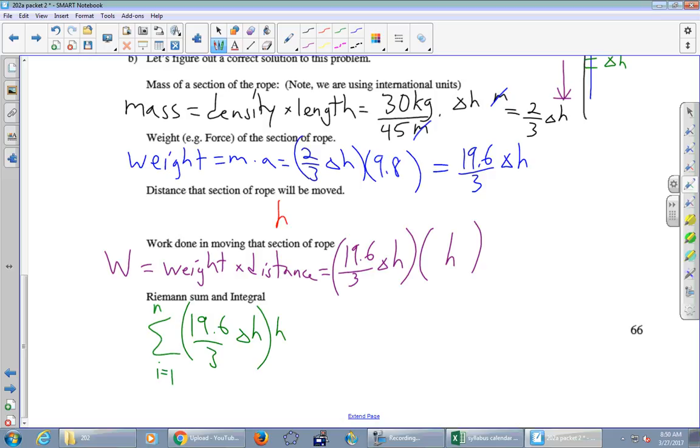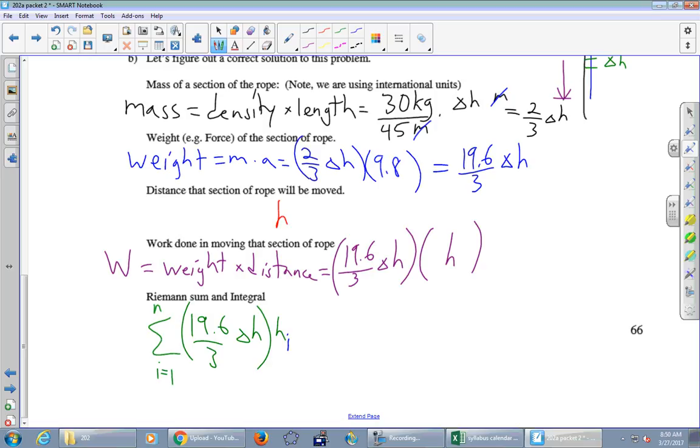So one thing we need to insert into that expression is the i. It just goes on the variable. So that's saying add up the work done for all of these slices.